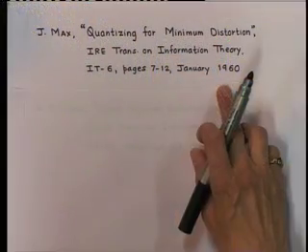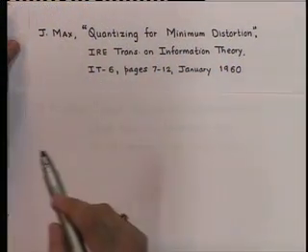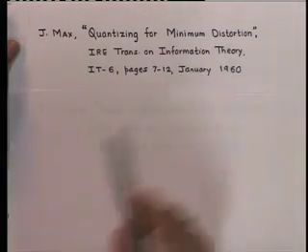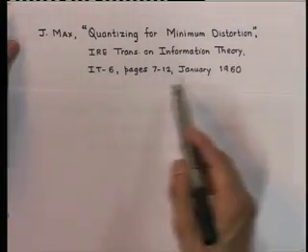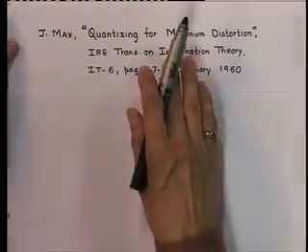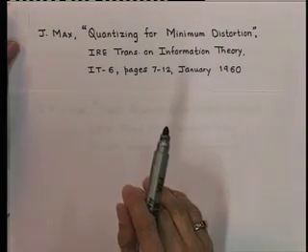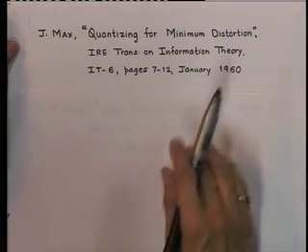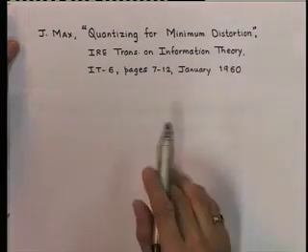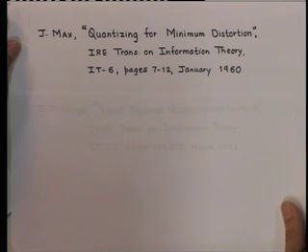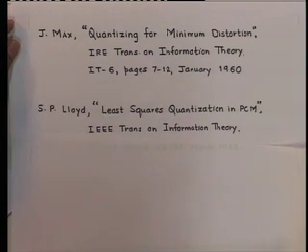In 1960, Lloyd-Max showed how to solve the two equations iteratively in this paper. Now, the same approach was discussed by Stuart P. Lloyd in a 1957 internal Bell Labs memorandum and was published a little later in 1982.